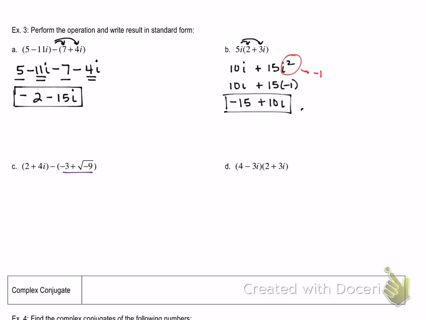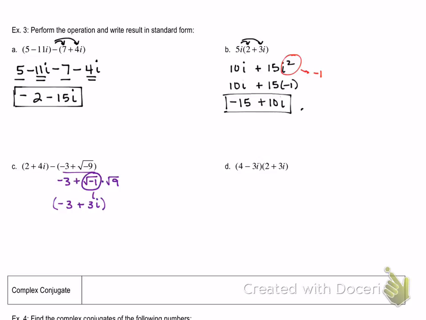So what we want to do is take out the -1 from the radical and separate these two ideas, and we know that the square root of -1 is i, so this becomes -3 plus 3i, as the square root of 9 is 3.